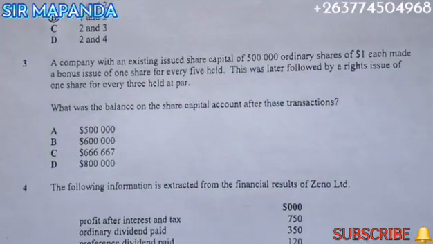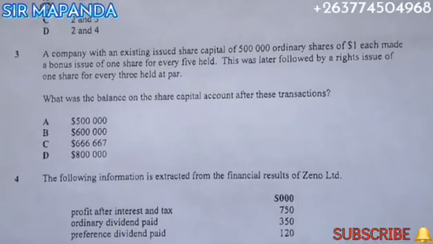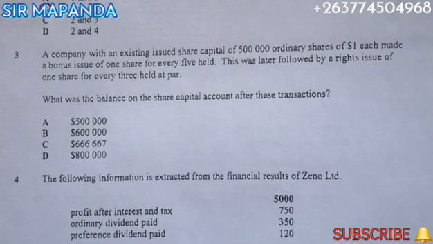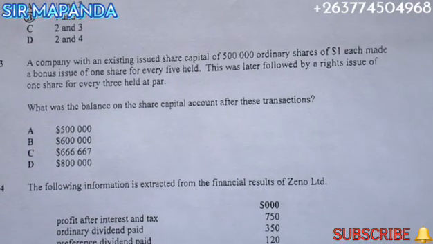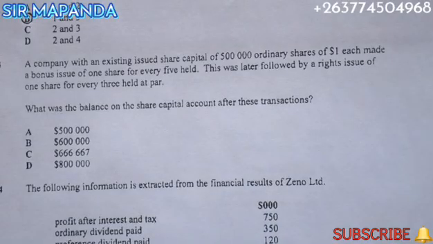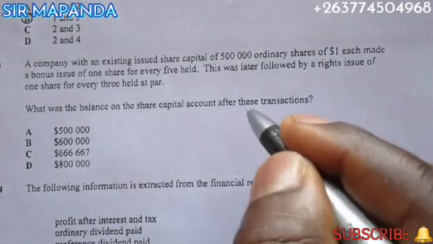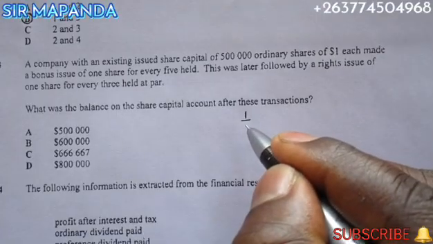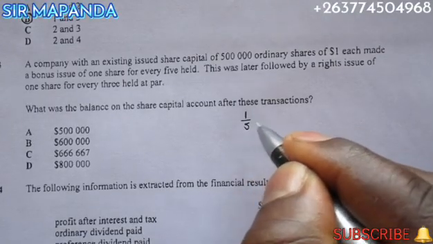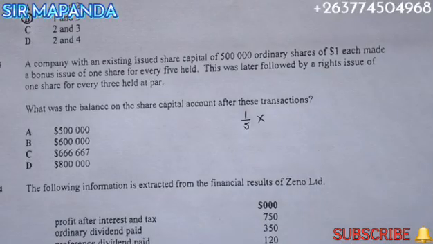It reads, a company with an existing issued share capital of 500,000 ordinary shares of $1 each made a bonus issue of 1 share for every 5 held. So it means 1 over 5 times existing number of shares, you'll be able to identify the bonus shares.